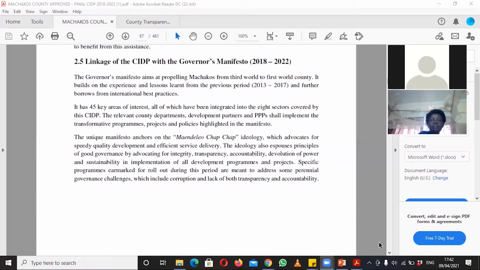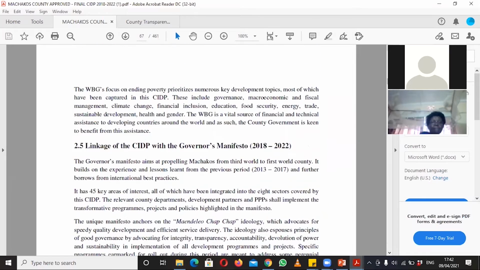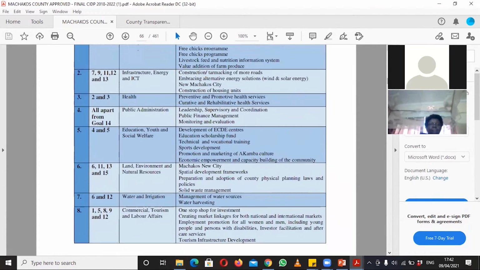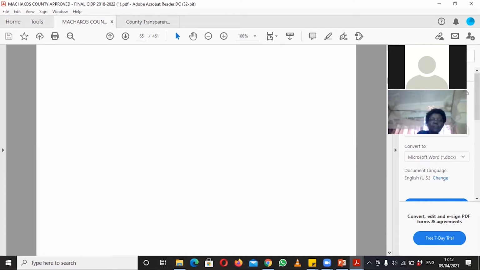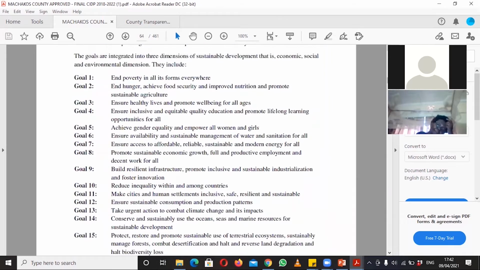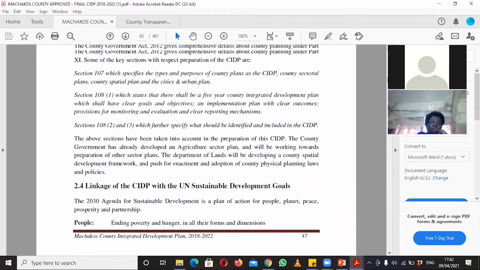Yes, so now you can see that the county integrated development plan is linked with the other plans as well. But I've seen that they have not included the special plans there, but we can maybe interrogate further and see whether that plan has been incorporated.